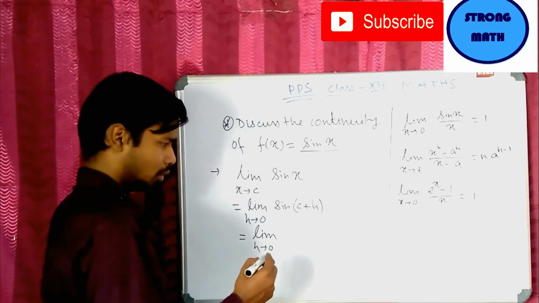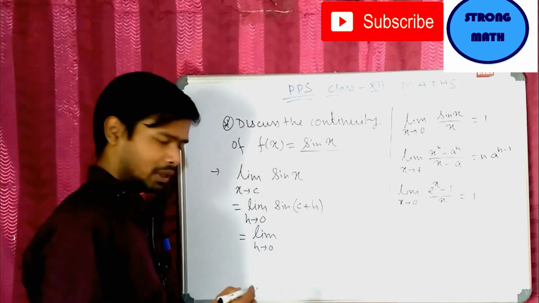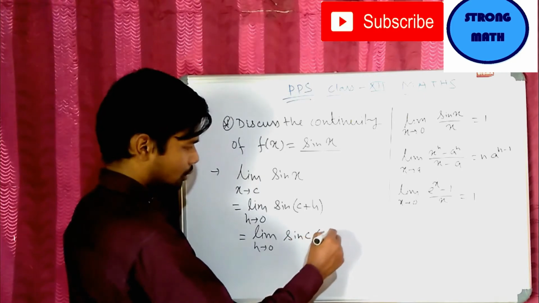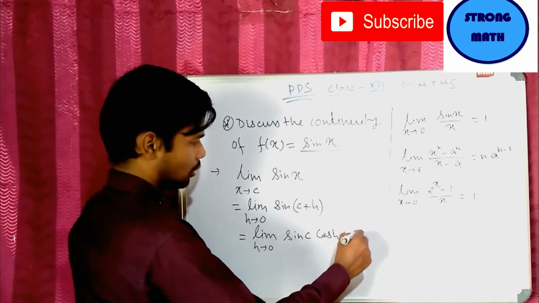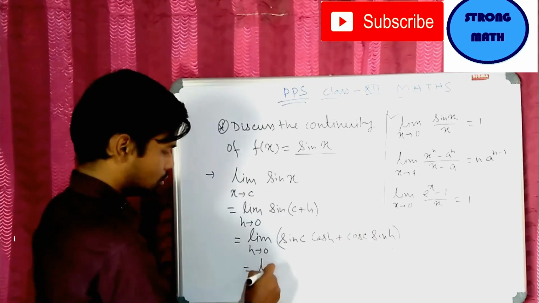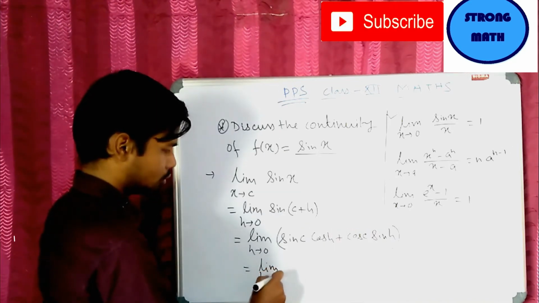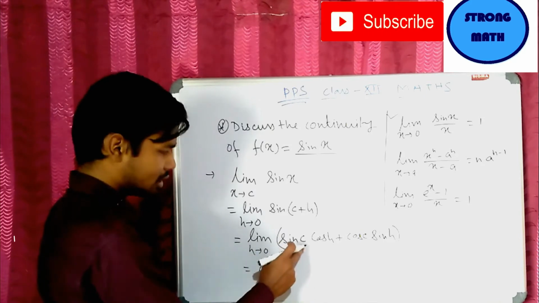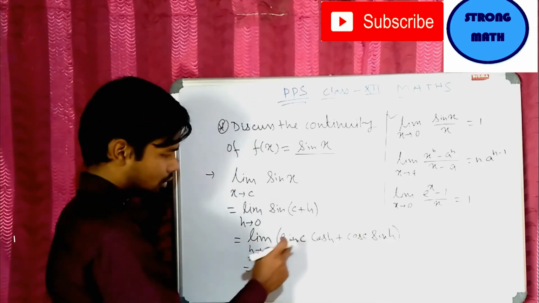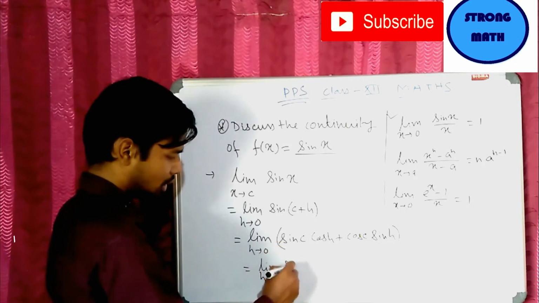Apply the formula of sin of a plus b, which is sin a cos b plus cos a sin b, that is sin c cos h plus cos c sin h. So this equals limit h tends to 0 sin c. This function is independent of h, so this is a constant term.